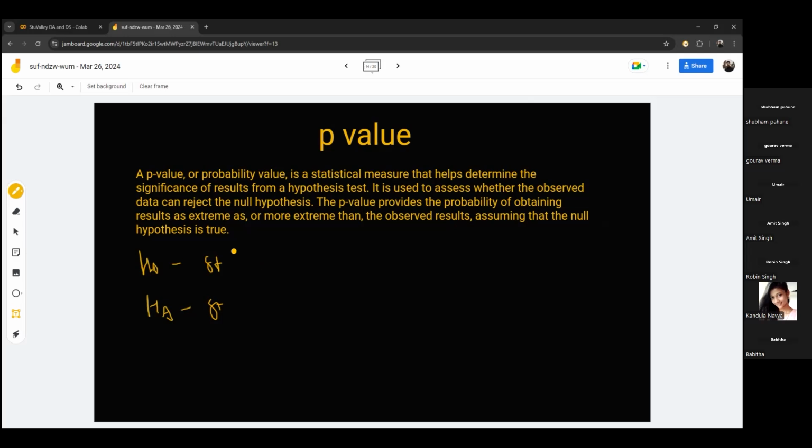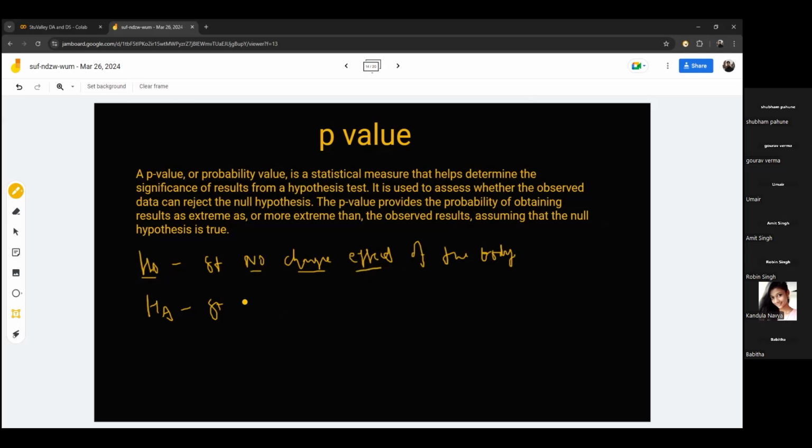So the null hypothesis, the first statement, is that before testing there will be no change. We can say there will be no effect on the body after eating this, if we apply this on the patient.